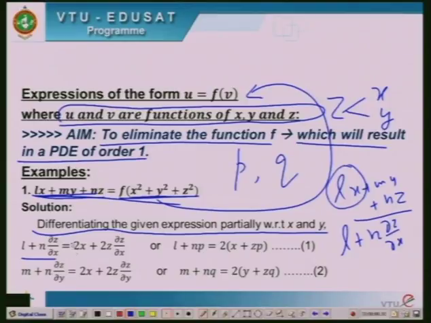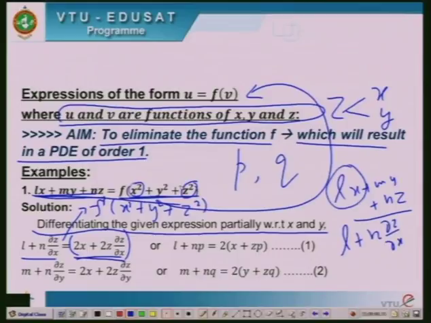how to differentiate the function f. Before this expression, you will differentiate the function f, which will give you f'(x² + y² + z²). So, how will the derivative be? First, lx + my + nz with respect to x will be l + n ∂z/∂x equal to f'(x² + y² + z²) into the derivative of x² + y² + z² with respect to x, which will give you 2x for x², and for z² it is 2z ∂z/∂x.